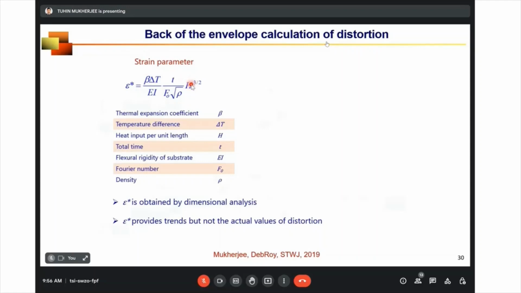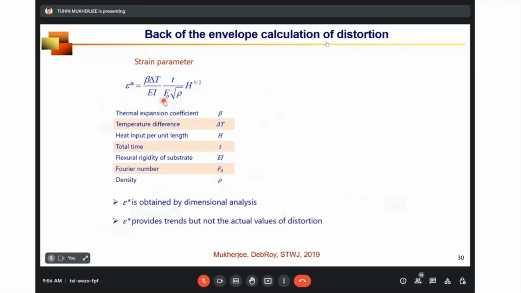Heat input: the more heat you deposit, the more you increase the temperature and the more distortion you have. Flexural rigidity: Young's modulus times area moment of inertia. That is the strength of the material. That means if we have high flexural rigidity, the part will be rigid enough to prevent the distortion.